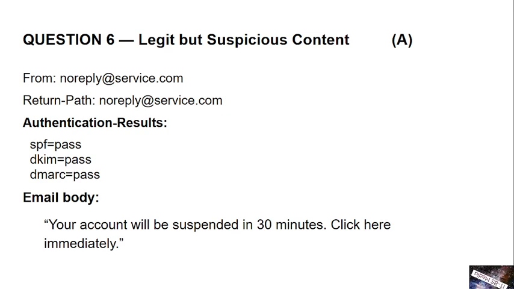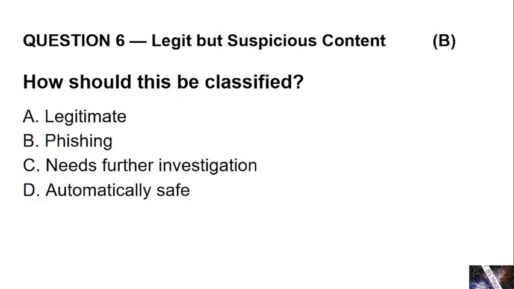All right, now let's see our question. How should this be classified? If you are a SOC analyst, how will you classify this? Legitimate email, phishing, needs further investigation, automatically safe.